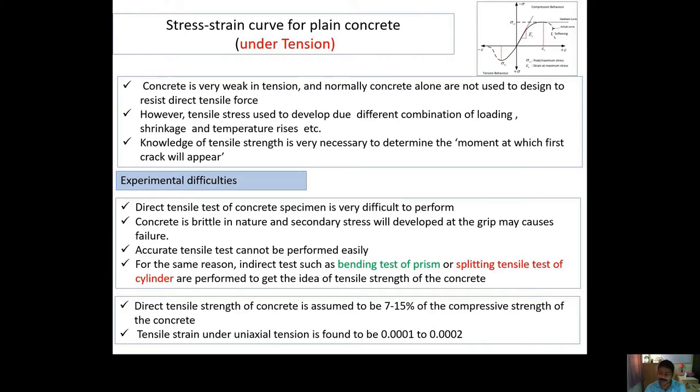In the last slides you observed that the strain is almost 1/10. Here also the strain for uniaxial tension is in the range of 0.0001 to 0.0002, which is very small.